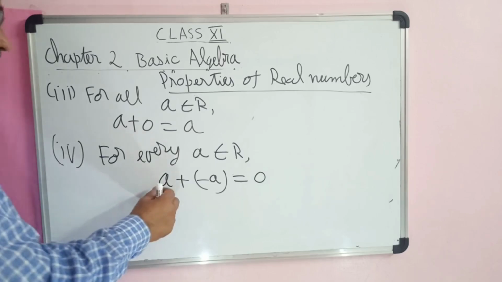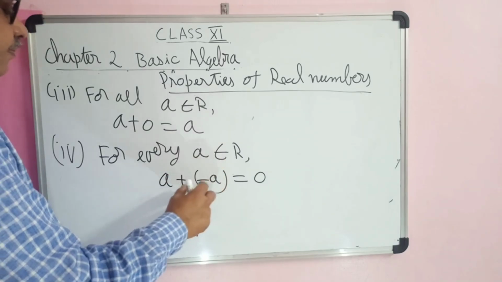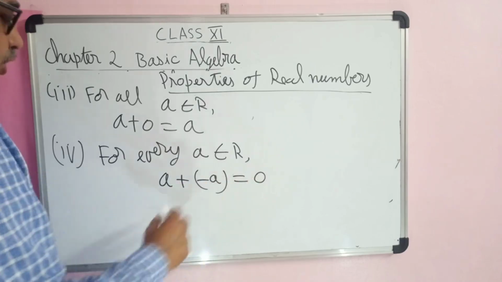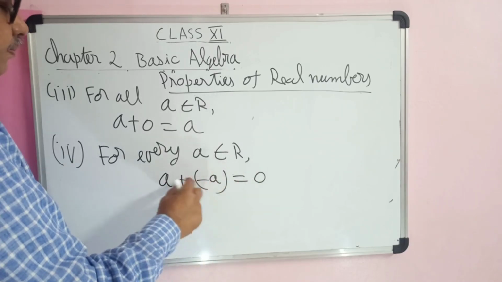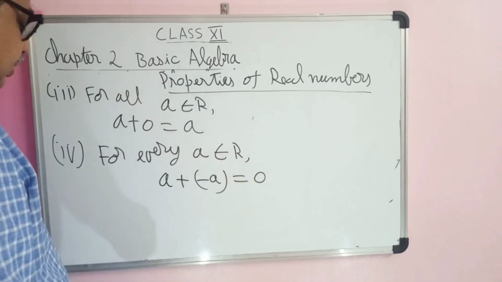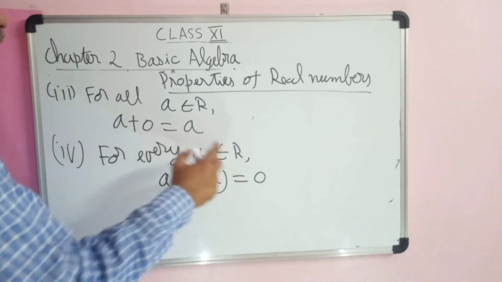That is, A is a real number. Add the negative component of that same real number with the real number, it becomes 0. A plus minus of A is equal to 0, for every A belonging to R.